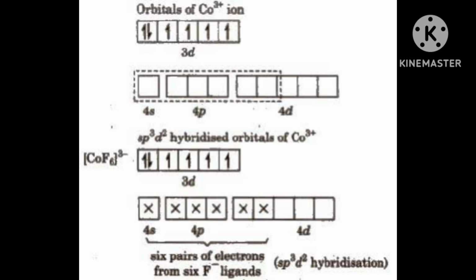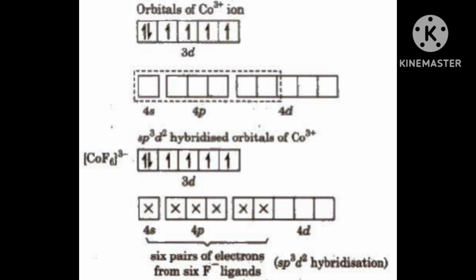hybridization will take place in the excited state, but here in hybridization only s and p are taking part, and it is forming sp3 hybrid orbitals. sp3 means a total of 4 orbitals, 1 s and 3 p. Then 4 chloride ions will come, and chloride also has 7 electrons.